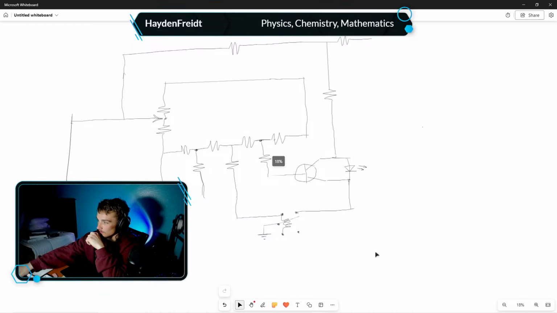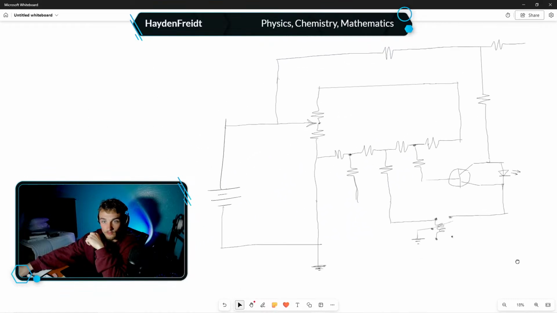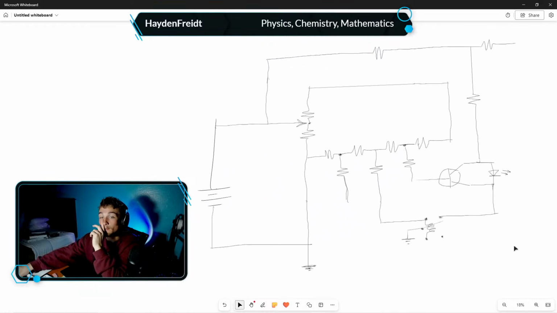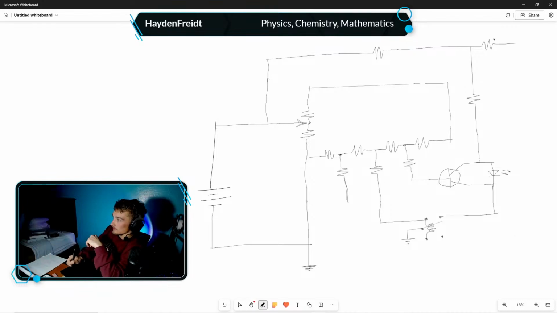Alright, let's zoom out again. Kind of move him over here. Oh yeah, we can ground him up here. He's gonna be grounded. Okay, and that's the ground symbol. So this here is going to run to another transistor and activate another branch of light, just like this.